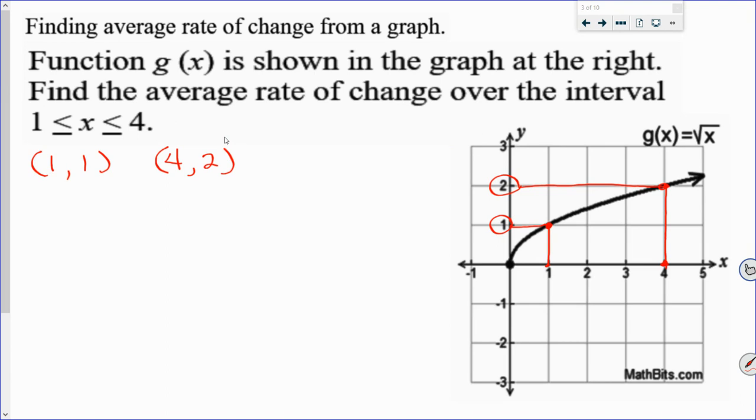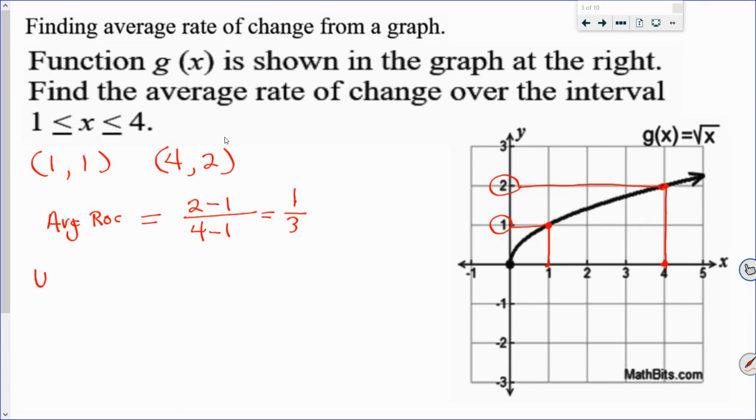So to find the average rate of change, that's going to be 2 minus 1 over 4 minus 1, or 2/3. Make that 1/3. 2 minus 1 is 1. So my average rate of change is 1/3.